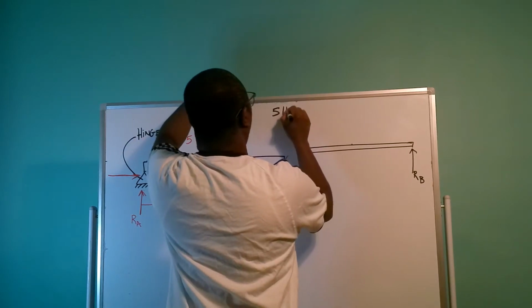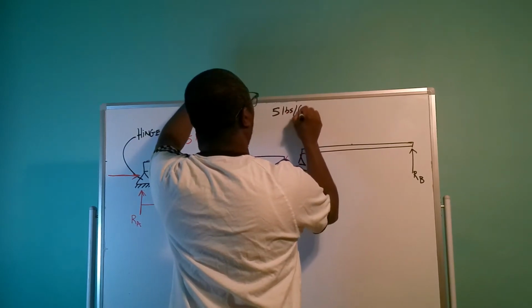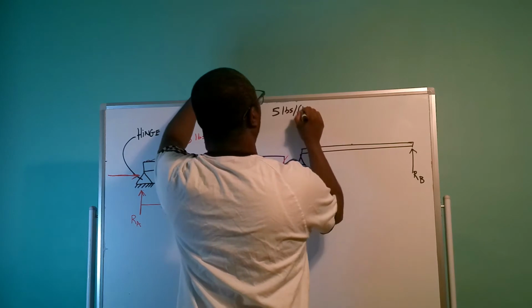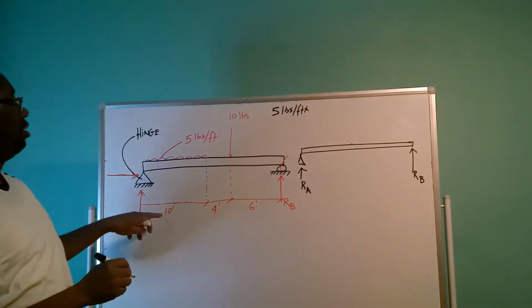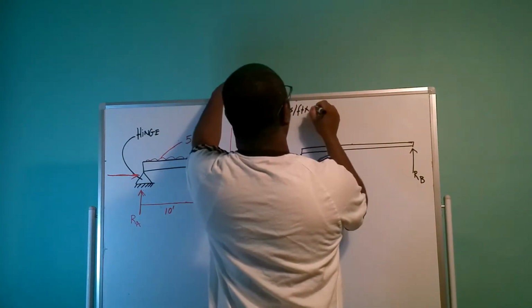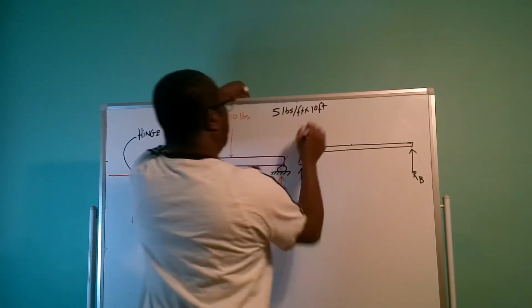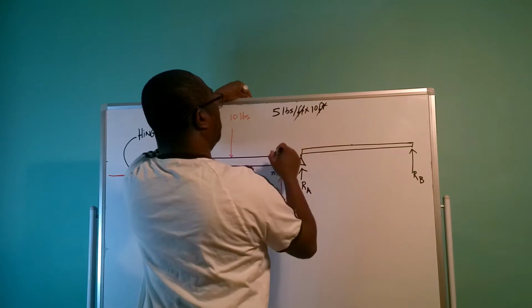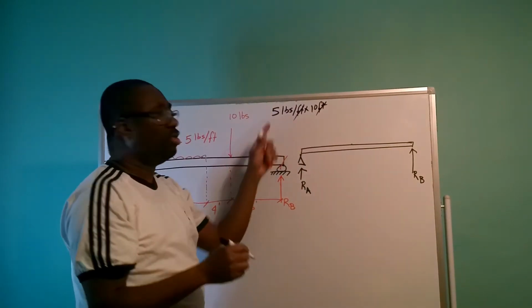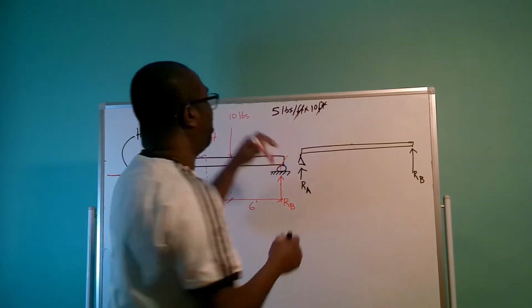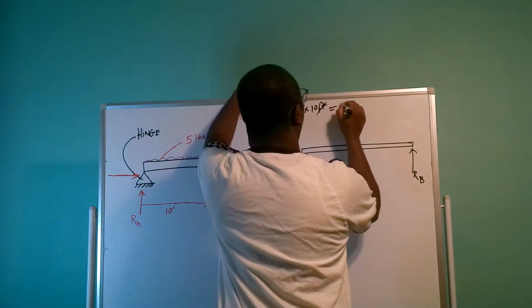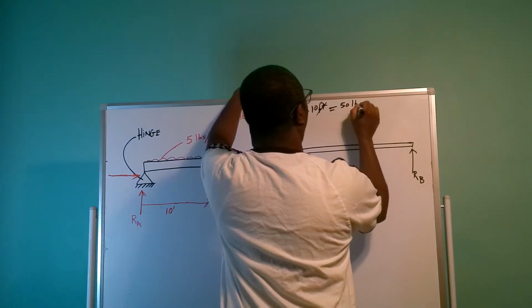So if I do that, then we're going to have 5 pounds per foot times 10 feet. So feet cancels feet, so we're going to be left with pounds. So we're going to have 5 times 10. So this is going to equal 50 pounds.